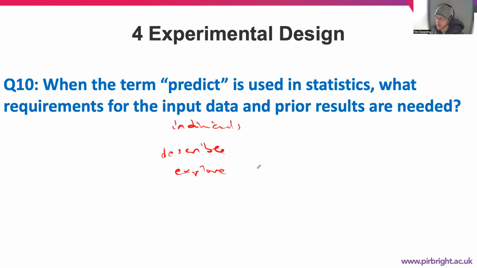And that can permit us to infer about population parameters. So maybe the mean expression of a particular protein of interest. But then if we're applying that to individuals, we have to have a high level of accuracy that this is another step on to make individual predictions. That's quite different from inference about the population mean.